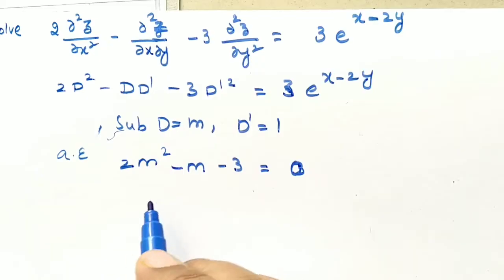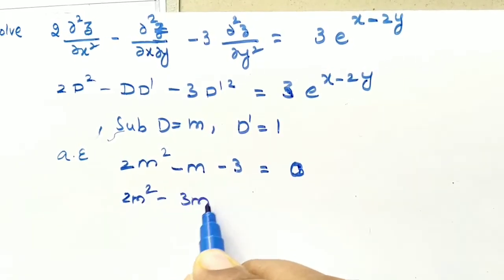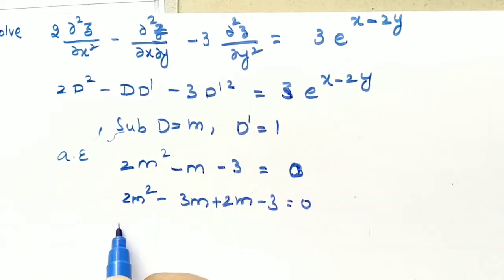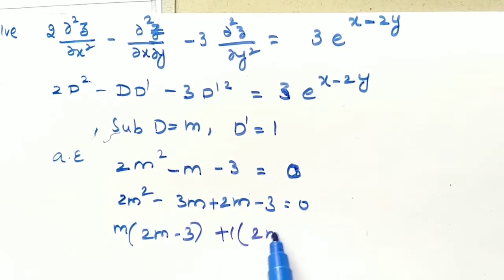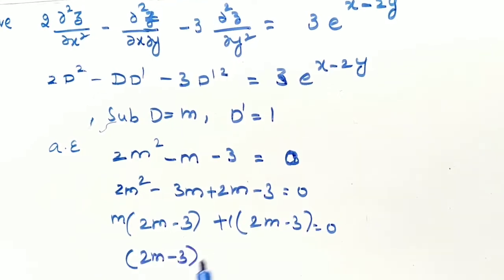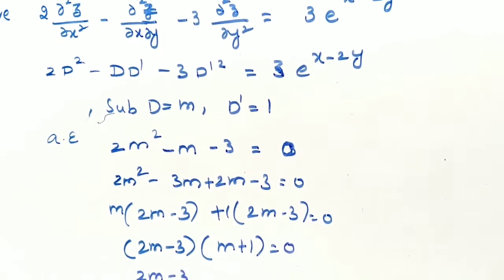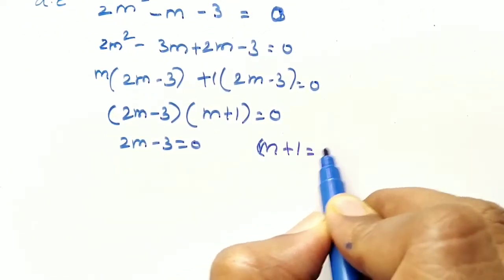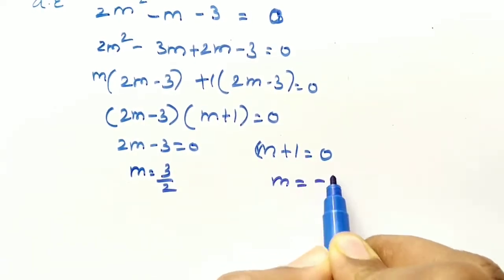Now split into factors: 2m square minus 3m plus 2m minus 3 equal to 0. The common factor is m, so m(2m minus 3) plus 1(2m minus 3) equal to 0. So 2m minus 3 is common, we get (2m minus 3)(m plus 1) equal to 0. Equate each to 0 separately. Therefore m equal to 3 by 2, m equal to minus 1.